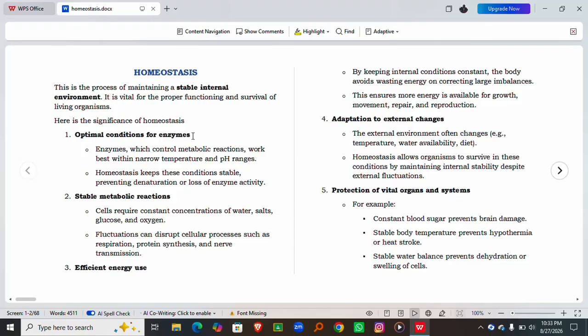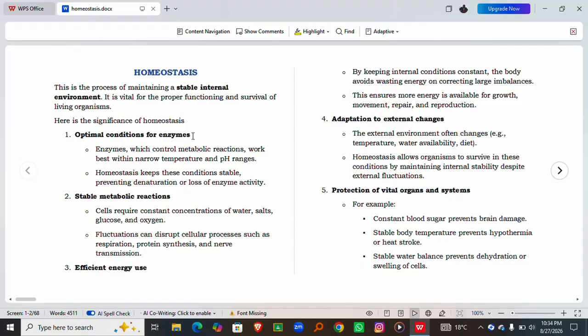For example, when temperatures are very high, enzymes become denatured. So there is need for the body to maintain the temperature at an optimum for proper enzyme activity. The same applies to pH. We know that enzymes within our cells work within specific pH ranges.